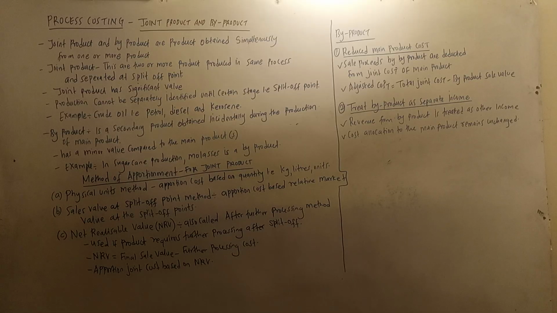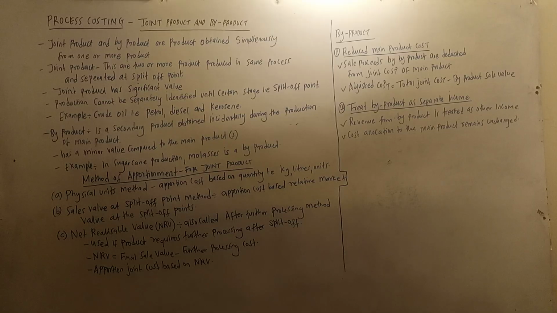We use this method in a situation where there is further processing after split-off. NRV is equal to the final sales value minus further processing cost. We apportion joint cost based on NRV.